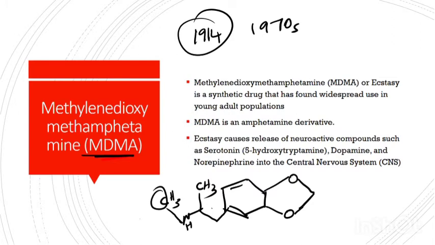As I told, MDMA is an amphetamine derivative, and it causes these neuroactive compounds to be released, like serotonin. Serotonin is a very popular thing, and dopamine also. They release serotonin and dopamine into the central nervous system, and the neuronal uptake of these neurotransmitters, most notably serotonin, is inhibited by ecstasy.